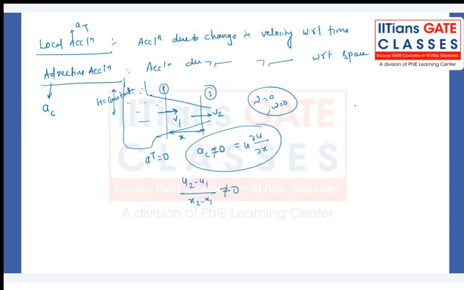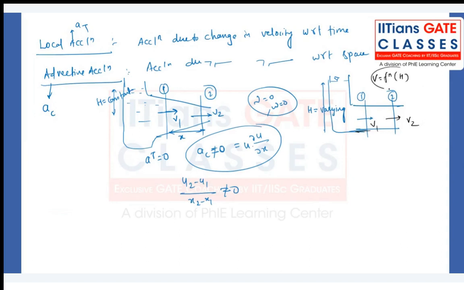Now consider a uniform diameter pipe which is being connected to the reservoir, and now the head is varying. What will happen at positions 1 and 2? What are my velocities v1 and v2? Velocity is a function of height, a function of h.